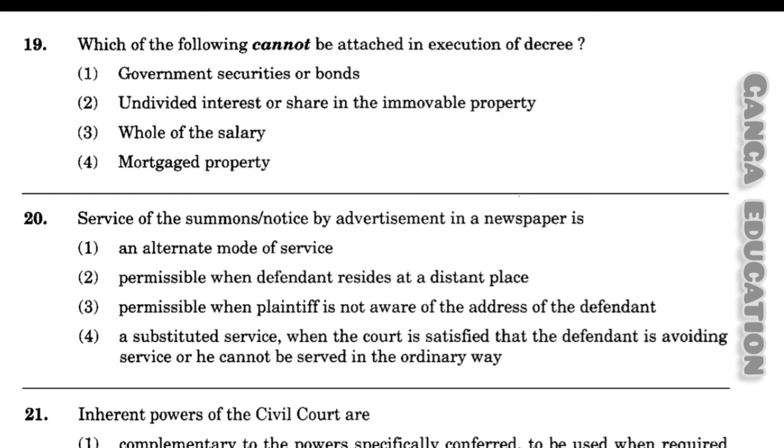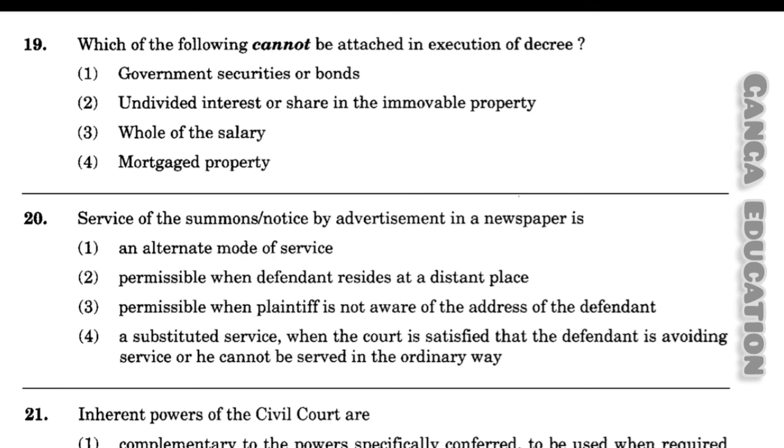Now question number 20. Service of the summons or notice by advertisement in a newspaper is option number 1, an alternate mode of service. Option number 2, permissible when defendant resides at the distant place. Option number 3, permissible when plaintiff is not aware of the address of the defendant.